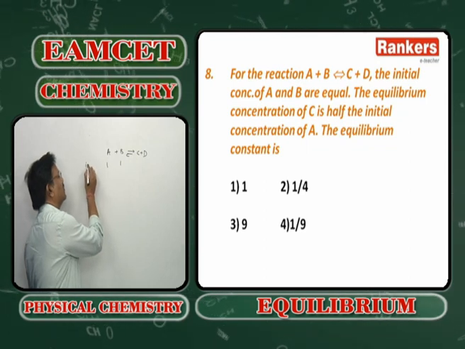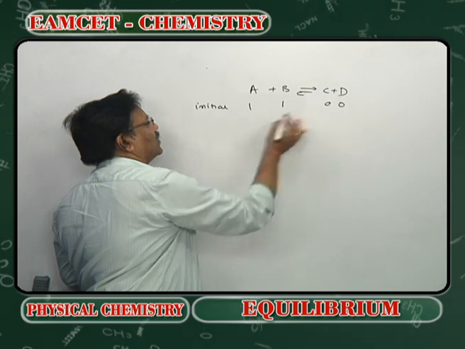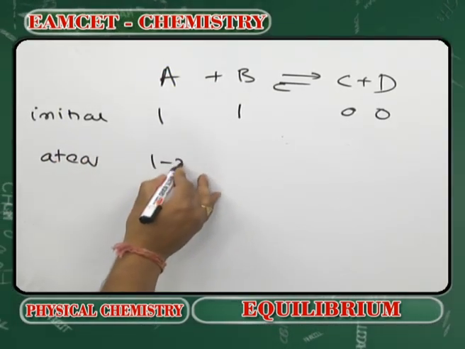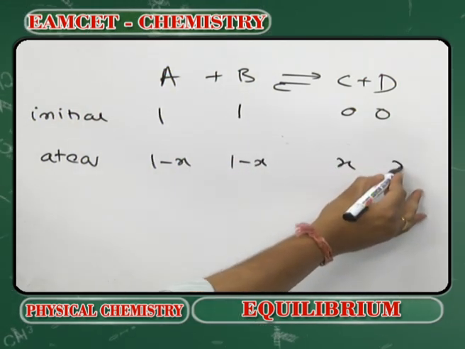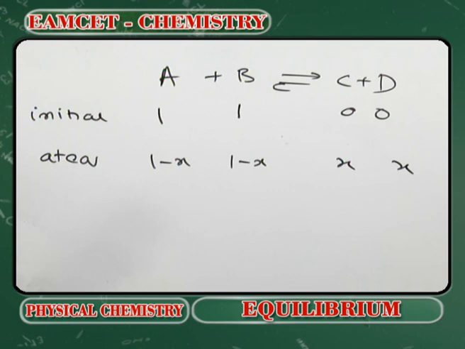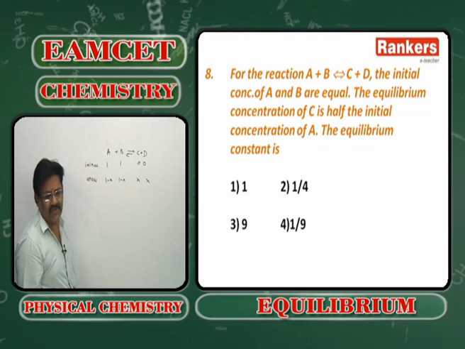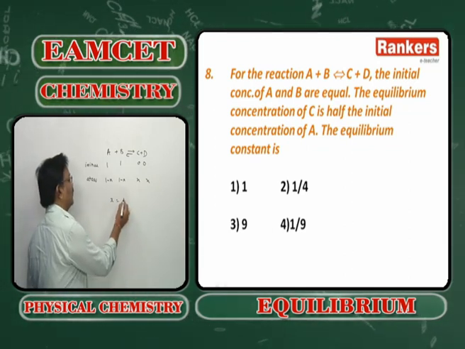Let the initial concentrations be 1 and 1. At equilibrium, it is 1 minus x, 1 minus x, x and x. What is given? The equilibrium concentration of C is half of the initial concentration of A. So x is equal to 1 by 2.